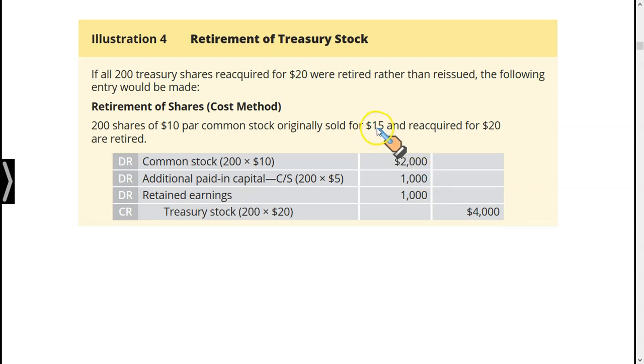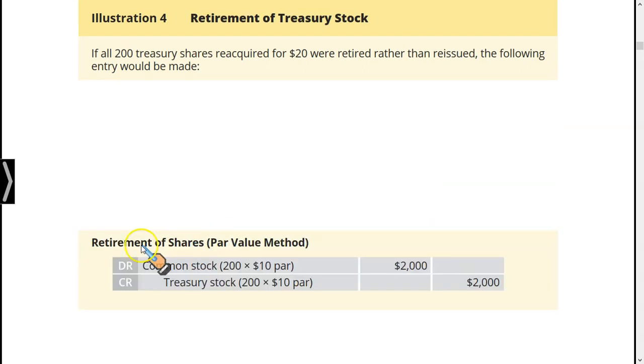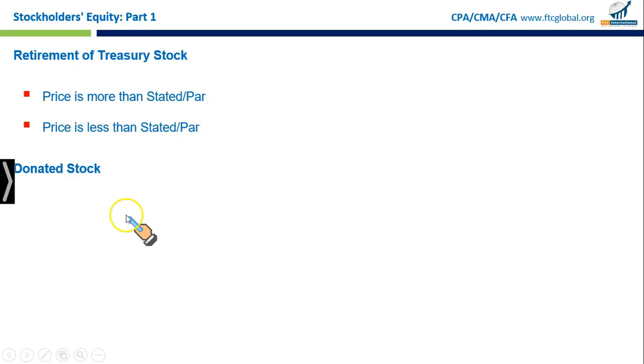The original $5 additional paid-in capital is removed by debiting it, and the differential is put in retained earnings, and the stock is removed. Retirement of shares, par value method: you simply remove the par of stock, common stock debit at par and treasury stock credit at par, and accounts are balanced and your stocks are removed.